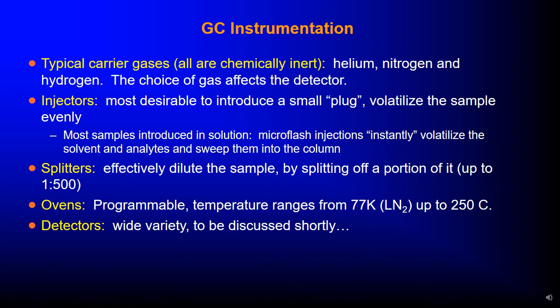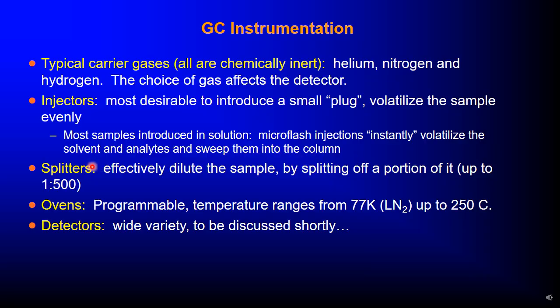The typical carrier gases we have are helium, nitrogen, and hydrogen. The choice of gas affects the detector. For injectors, it is most desirable to introduce a small plug that volatilizes the sample evenly. Most samples are introduced in solution, what we call microflash injections, which instantly volatilize the solvent and analytes and sweep them into the column.